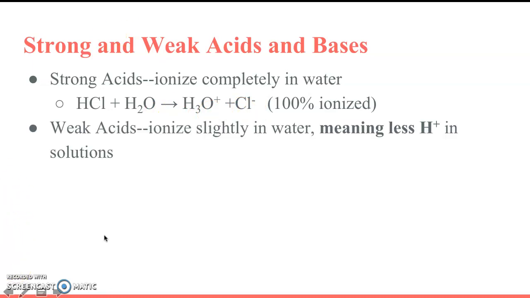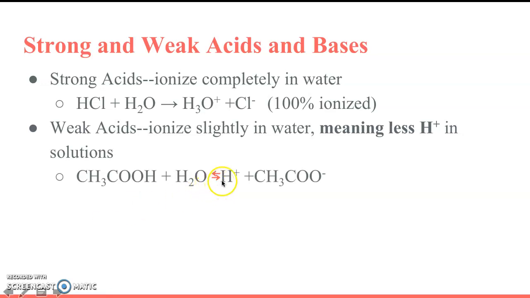Weak acids are not going to completely ionize, they're only going to partially ionize. This means there's going to be fewer hydronium ions in solution. Our equation representing this has a new symbol, as you can see right here, these double arrows.